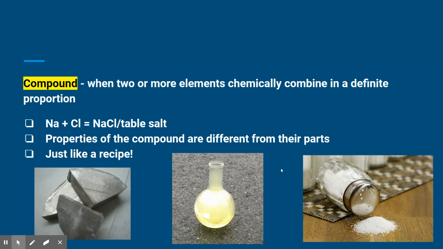It might hurt if you get it in your eyes. It might be dangerous to a soft-bodied animal because it can dehydrate them. But the characteristics are completely different from their parts. So formulas and even symbols give us a recipe of what we've got. To get salt, we need even numbers of Na and Cl, a 1-to-1 ratio.